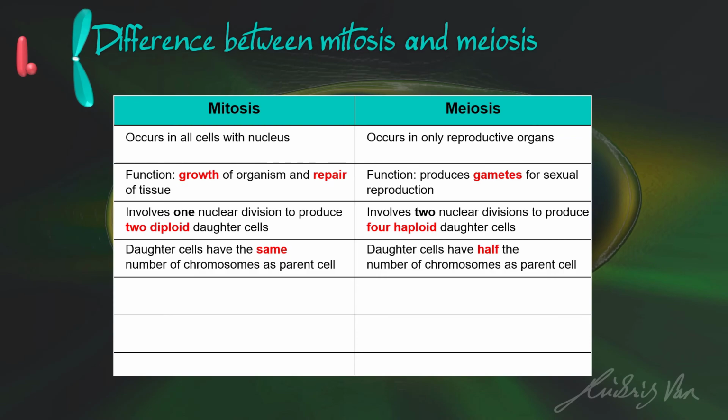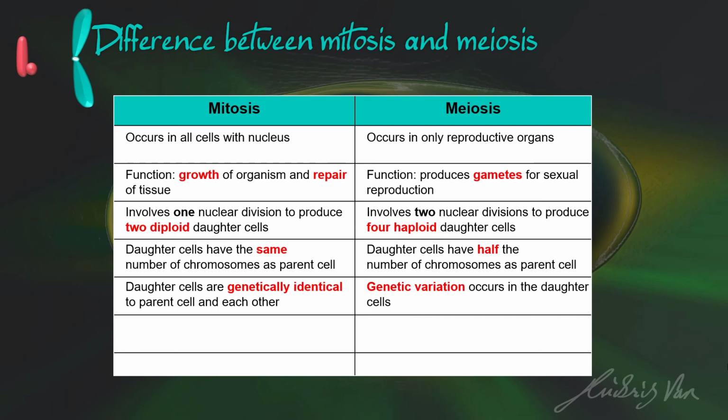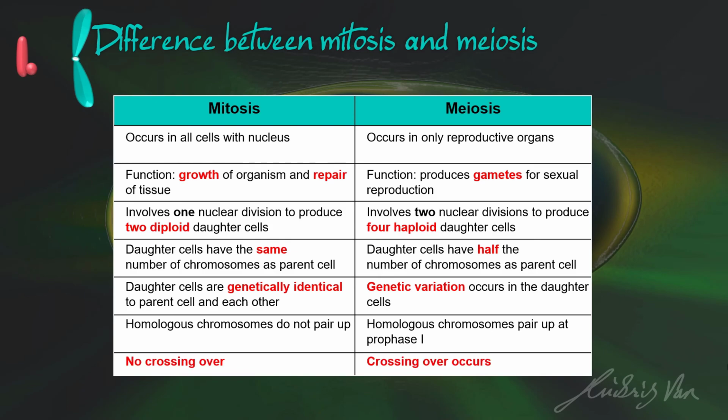Meiosis only has half. In mitosis, the daughter cells are genetically identical, while meiosis gives rise to genetic variation. Homologous chromosomes do not pair up in mitosis, but homologous chromosomes pair up in prophase 1 of meiosis. And lastly, crossing over occurs in meiosis but not in mitosis.